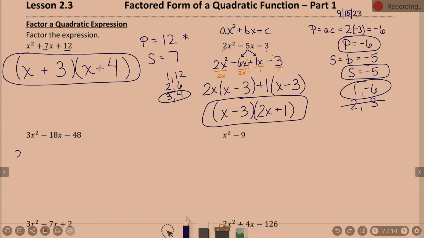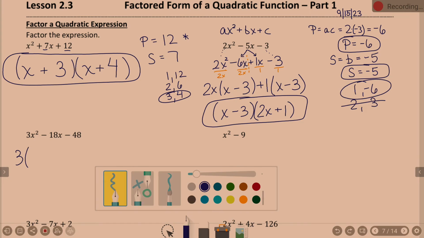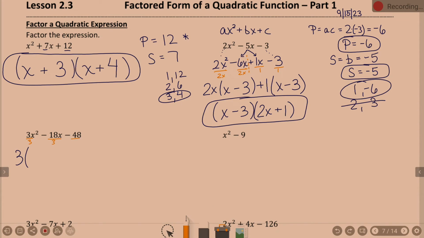We're going to factor that 3 out front. So take every term and divide by 3. Now, the 3, did you write it out front? Okay, you have to. 3x squared divided by 3 leaves me with x squared.